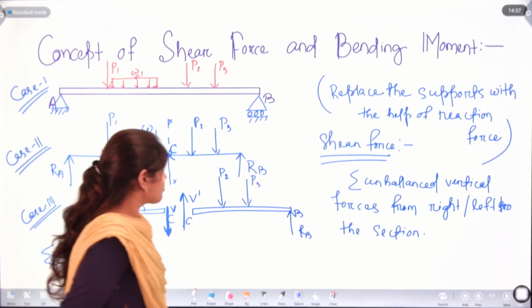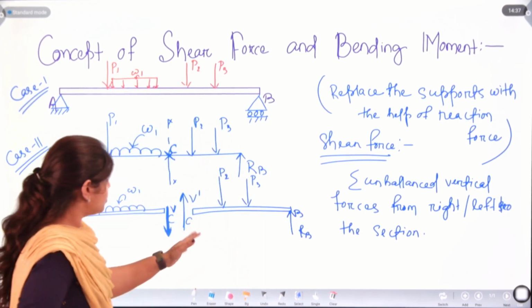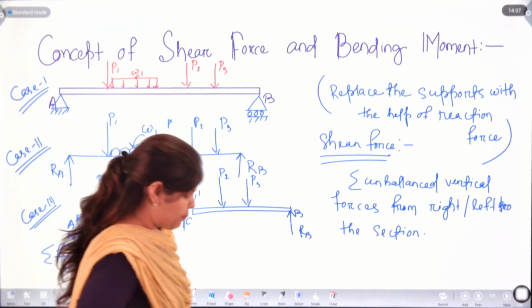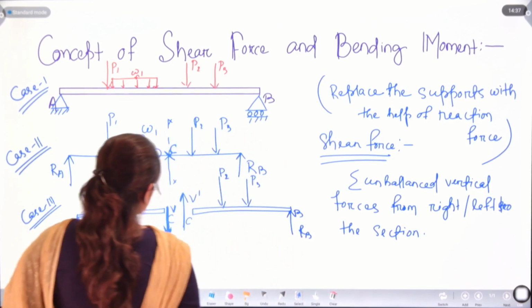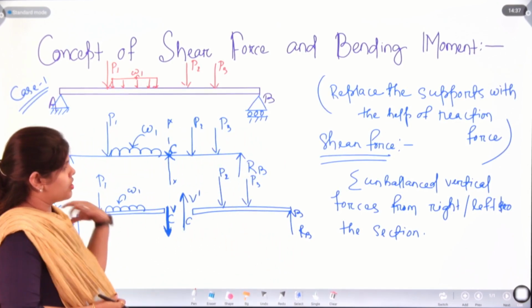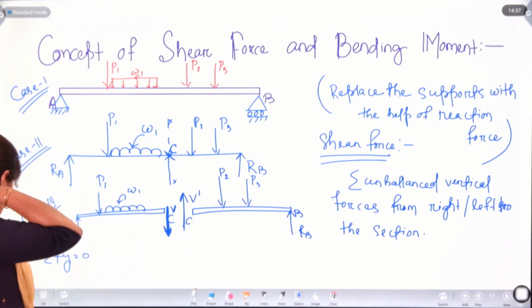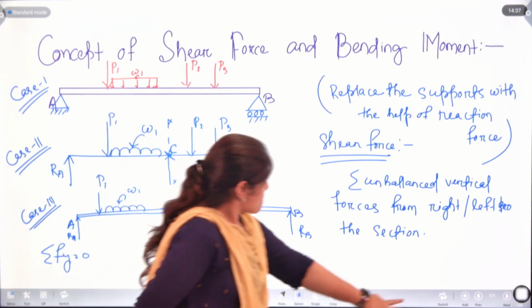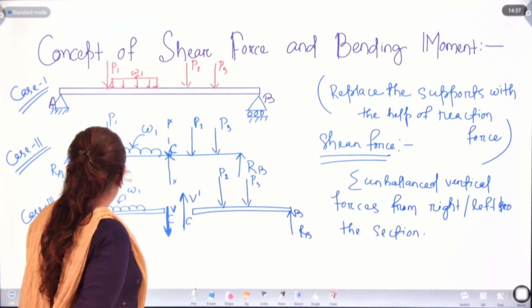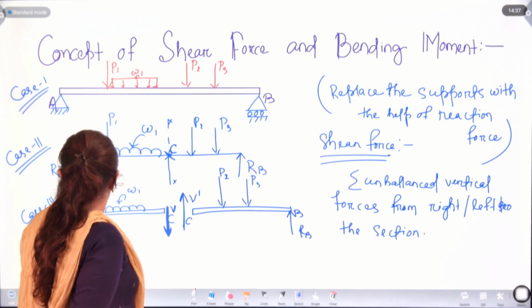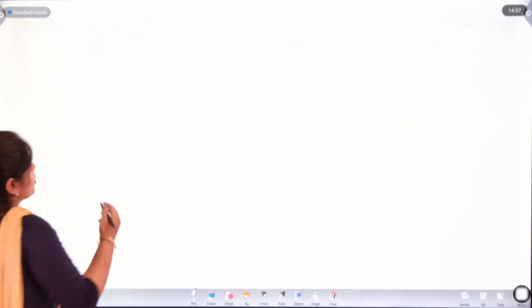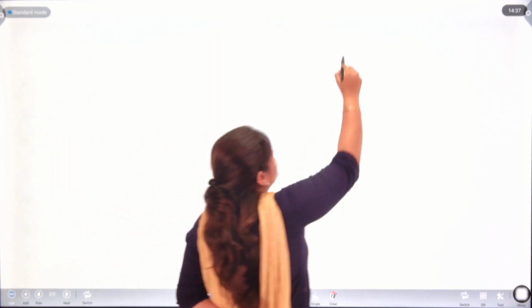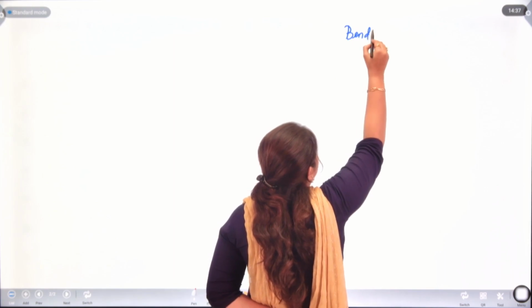So, to find the shear force, we just need to separate the section, and that is how we calculate shear force. Now, to find the bending moment, it is a similar process, and we know the definition of bending moment.